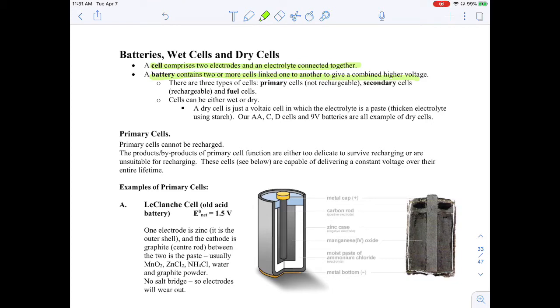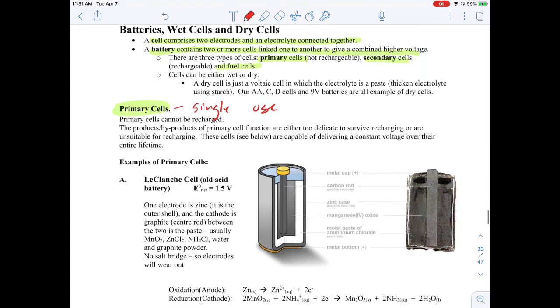There are three different kinds of cells that are present. We've got primary cells, secondary cells, and fuel cells. Primary cells here are single-use cells. So these are going to be the kinds of cells that you'll recycle as soon as you've used them. They're not possible to recharge.